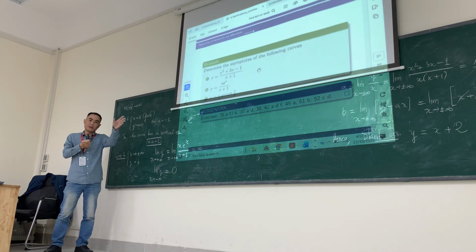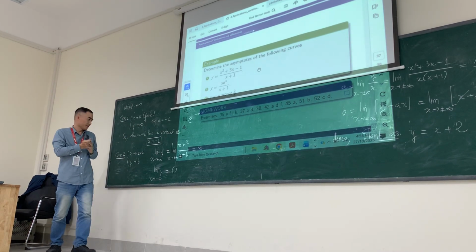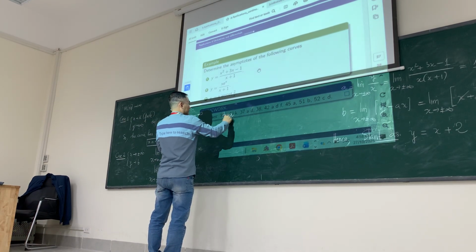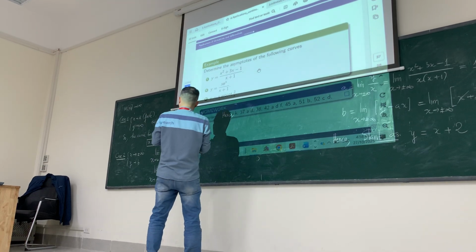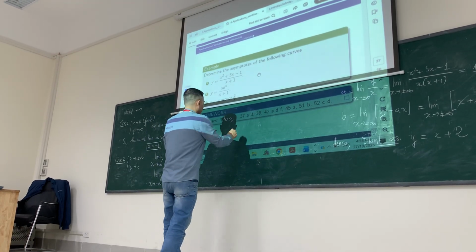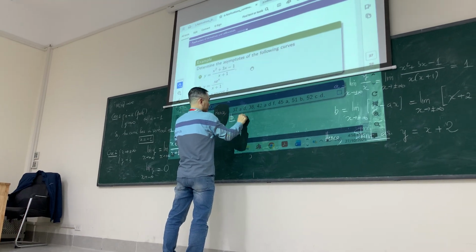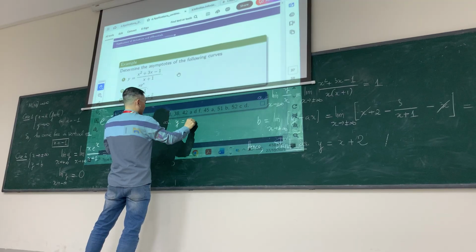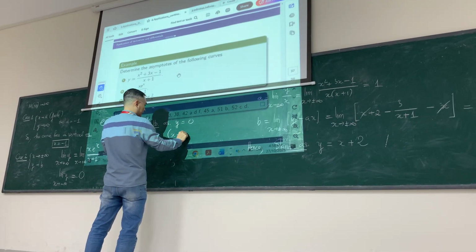When x tends to positive infinity, we have no B. From here the curve has the horizontal asymptote y equals 0, in this case x tends to negative infinity.